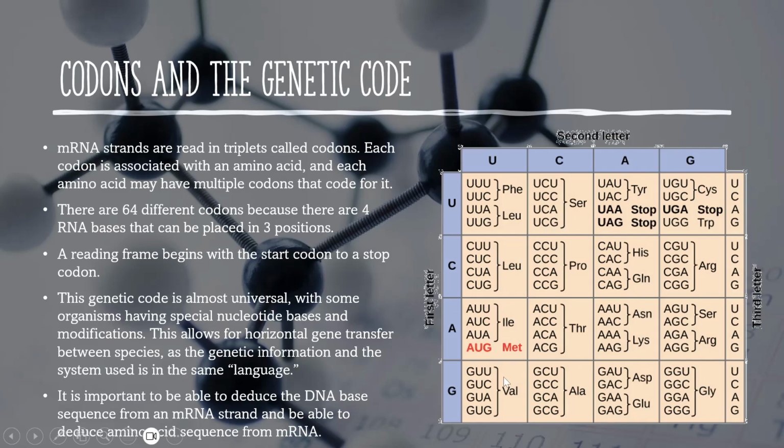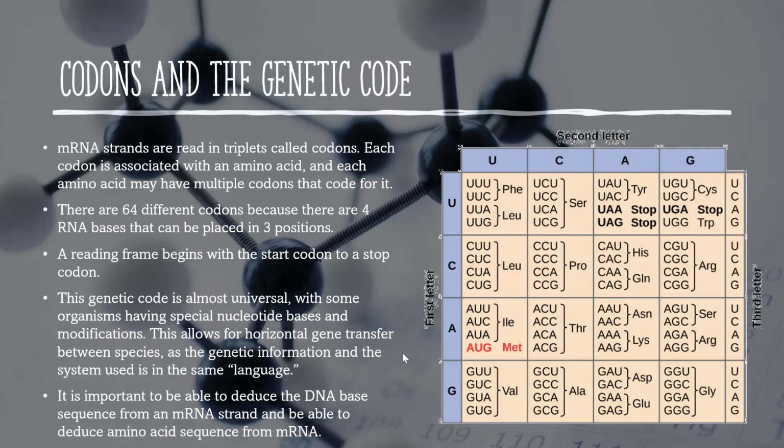I think this is a really cool thing because it allows for a lot of genetic variety, and also I don't think you have to know this, but it helps suppress mutations. Like if you have a mutation at AAU, but you mutate to AUC, it's still the same thing, so you're cool.